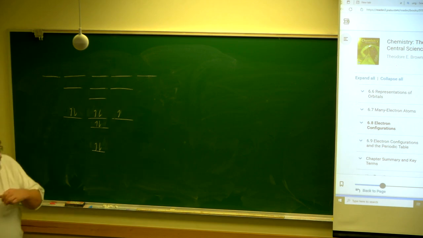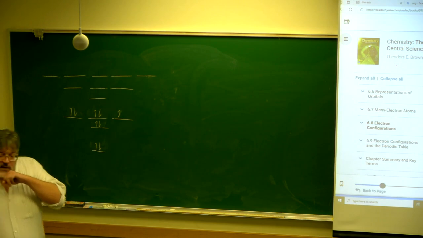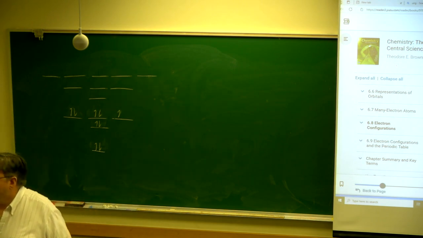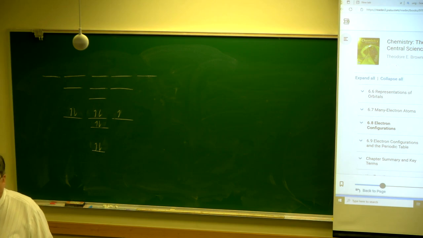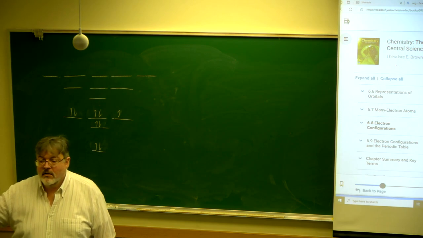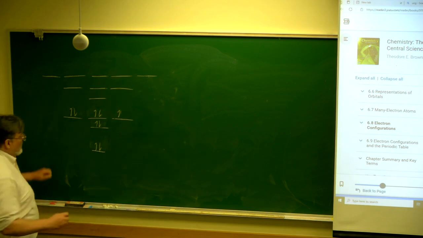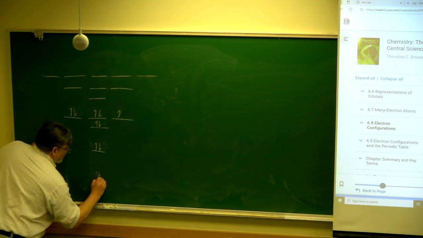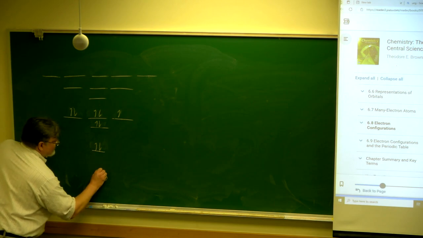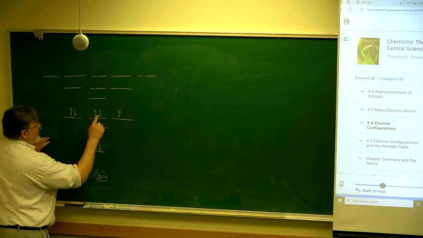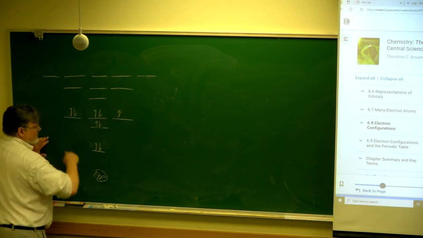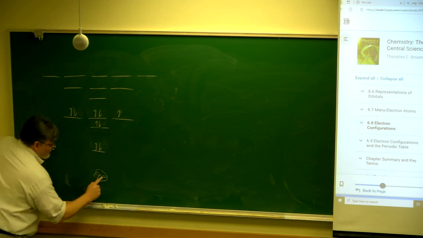Okay, so electron configuration of fluorine. Earlier in this semester, if I pointed at fluorine and said, what is the charge on fluorine when it's an ion? What would you tell me? Negative 1. And here's why. There's 9 protons in the nucleus, and there's 2, 4, 6, 8, 9 electrons for the neutral fluorine.